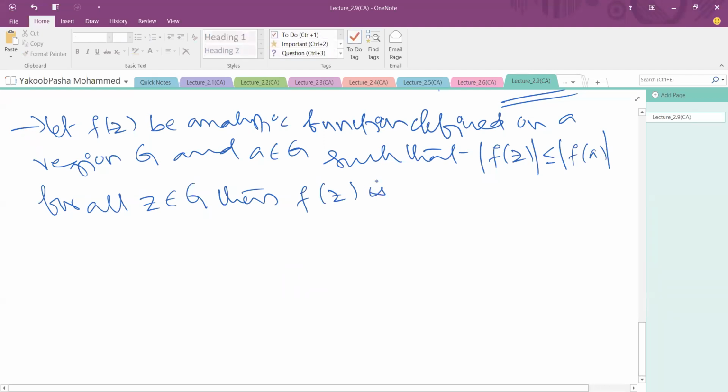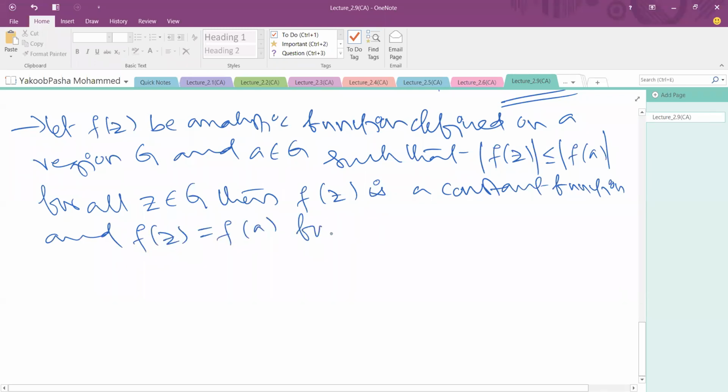Also, modulus of f of z is less than or equal to modulus of f of a. In this case, f of z must be a constant function, and the constant value is f of a. And f of z is equal to f of a for all z belongs to G.